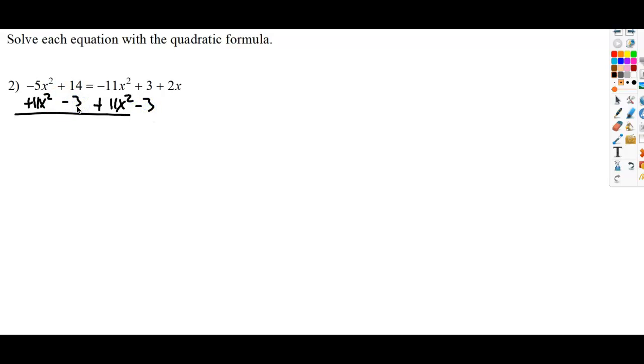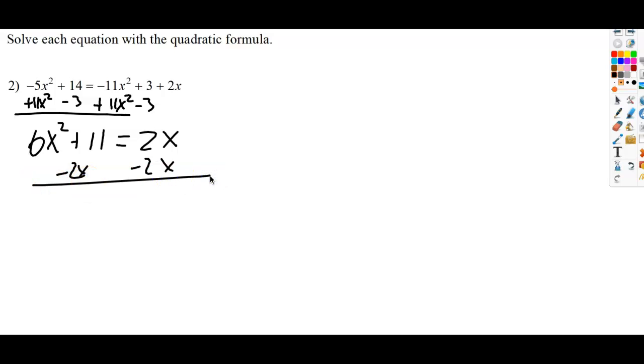I'll deal with the 2x in a second, but I get 6x squared plus 11 equals 2x. The last thing I want to do is move this 2x over also. That 2x is not going to combine with anything because it's not like terms with anything. So now I've got 6x squared minus 2x plus 11 equals 0.